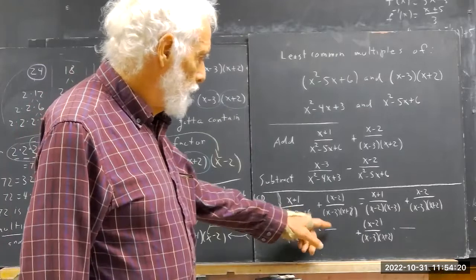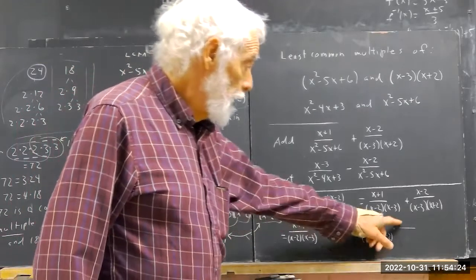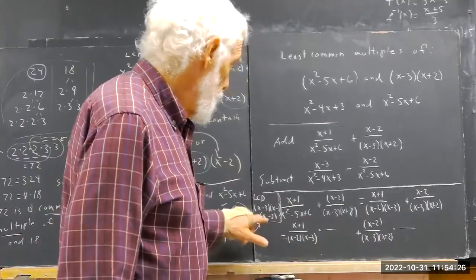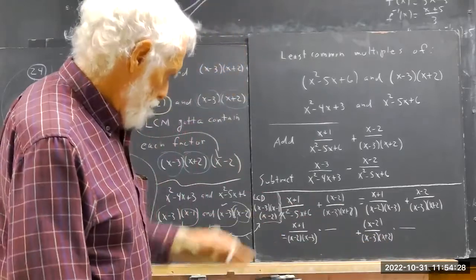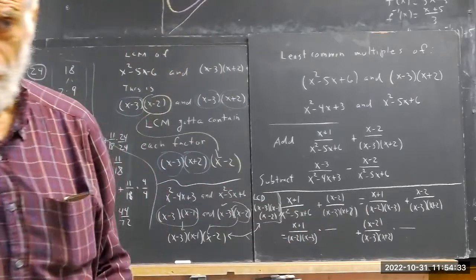So what do I have to put here in order to get this denominator? And what do I have to put here in order to get this denominator? Can you write this step out and fill in the blanks?